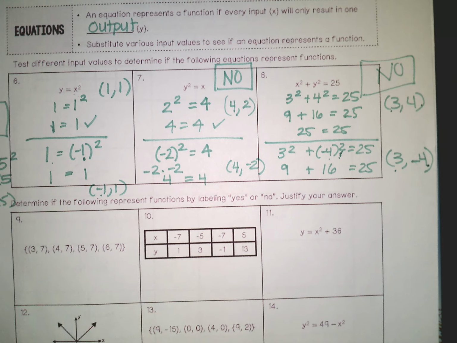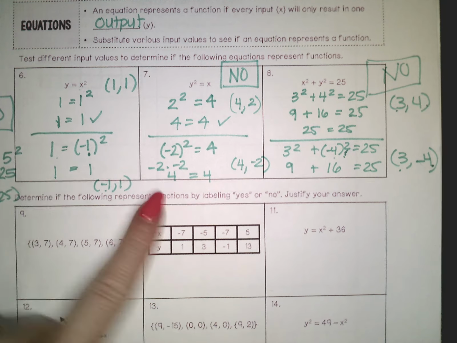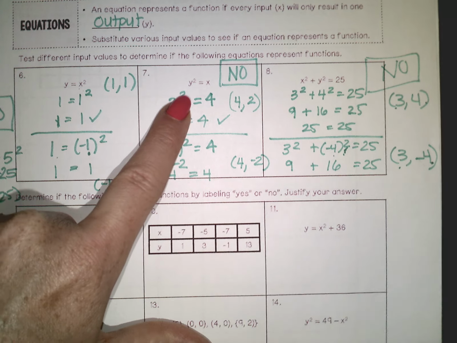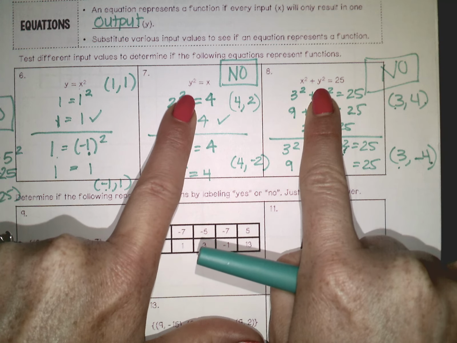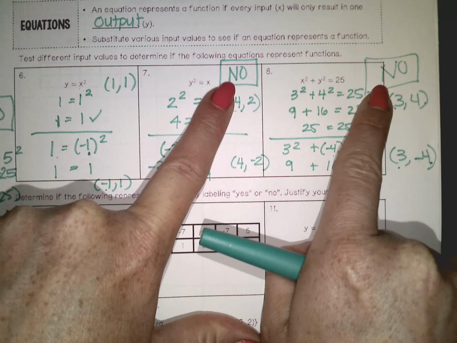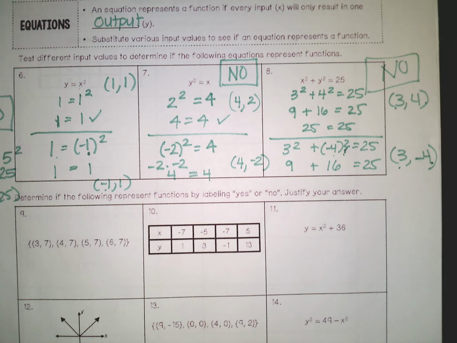Does that make sense? Okay, so that's equations. It's sometimes easiest to just check. What you're going to notice from this pattern is y equals something tends to be an A-OK function. Anytime you have y squared in your equation, it's not a function.